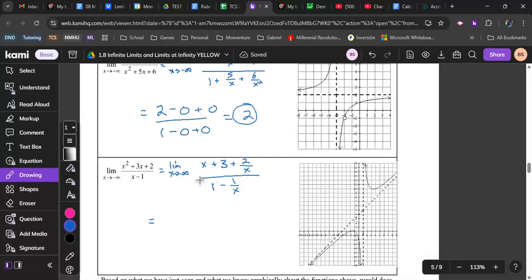Last time I was plugging in infinity. This time I'm plugging in negative infinity. So I got negative infinity plus 3 minus 0, technically, over 1 plus 0, which is really just negative infinity, which we have on the graph. We can check that that's exactly what's going on. We're plunging down to negative infinity.